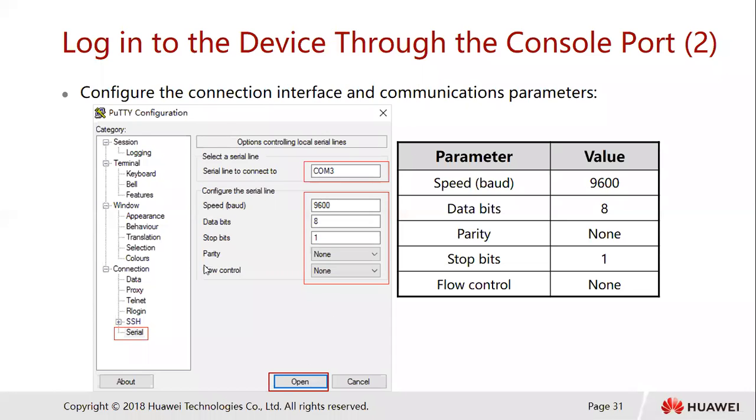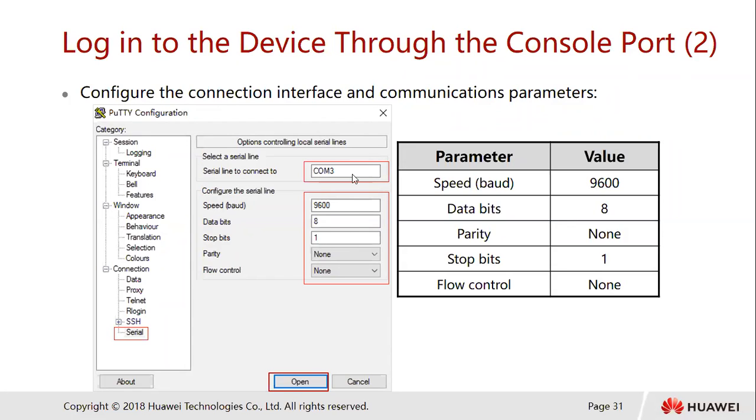That is, once you have connected the console cable to your laptop, you are supposed to open this software called PuTTY. Apart from PuTTY, you can have Telnet, and in our labs, what we will be using is CRT Secure.